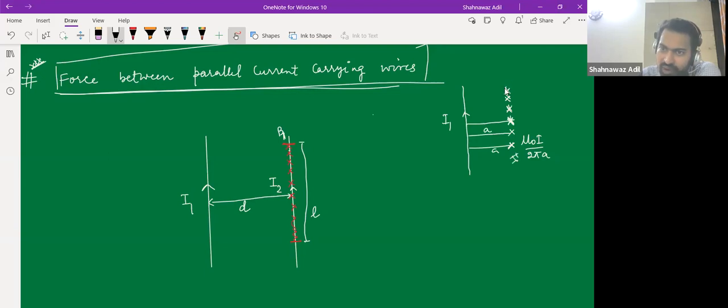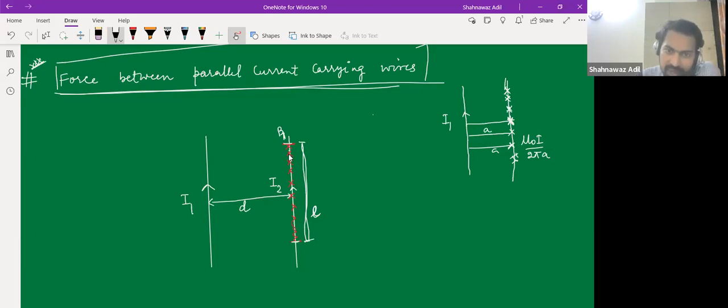So we have a constant magnetic field along this line. Let us take this much length. Is this clear, due to this current carrying wire? Yes. Okay.